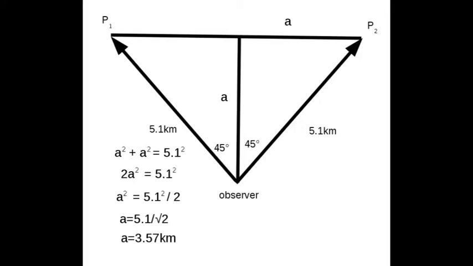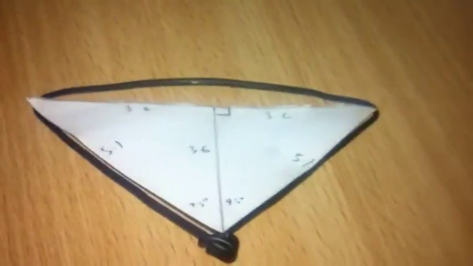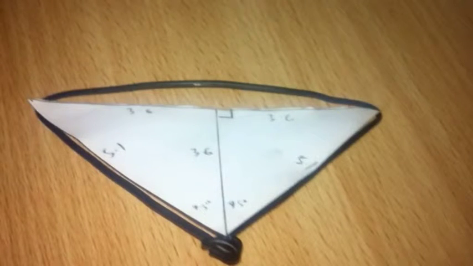So we know the distance across the base of the arch is 3.57 plus 3.57. So from that we can now figure out the geometry of the bulge.